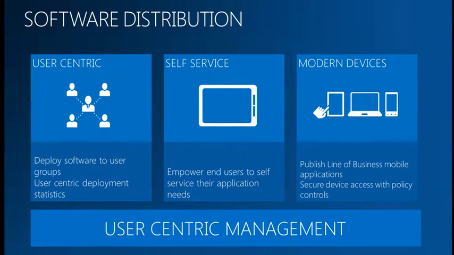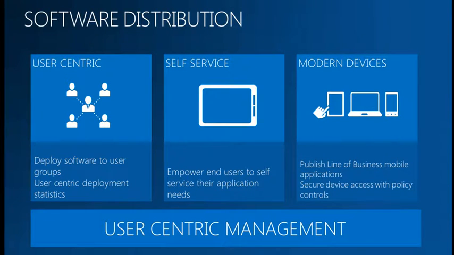On top of that, we are now involving end users more by introducing this new self-service portal where an end user can go and look at a list of all the available catalog that the IT pro has made available and really install apps as they need and get productive. We're going to see all of that in a demo.